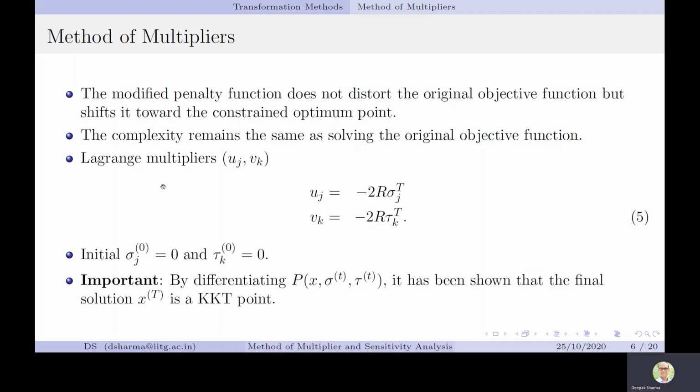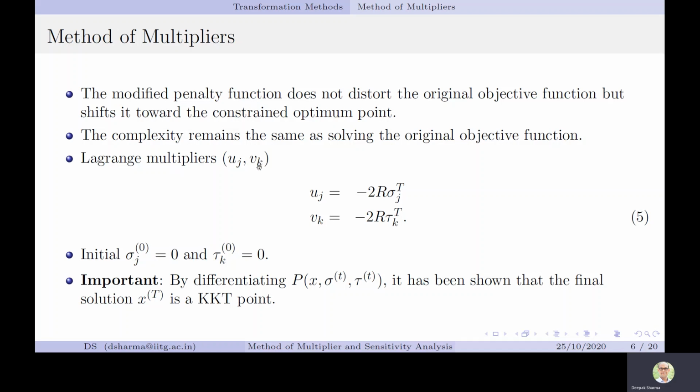How can we find the Lagrangian multiplier? If we remember, the Lagrangian multiplier we have come across in LPP, where there is a multiplier for every constraint. Similarly, in the method of multiplier, converting the constrained problem into an unconstrained one, we use the Lagrangian multiplier.